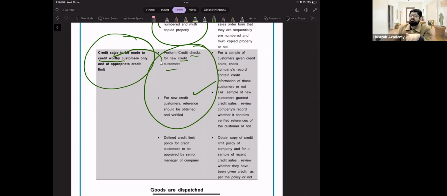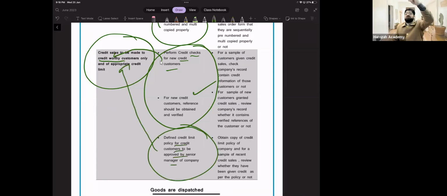That may be a bank, that may be some client of theirs. The credit limit, how much credit is to be given, should be defined by senior management of the company, normally the board.